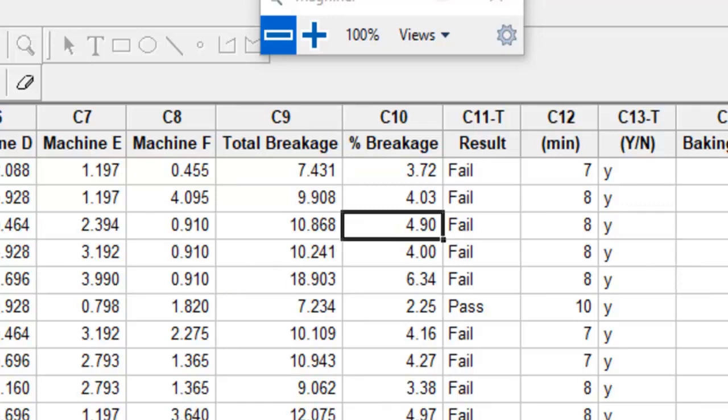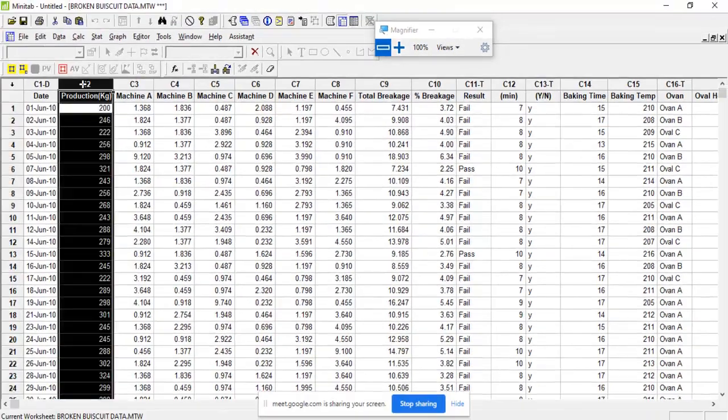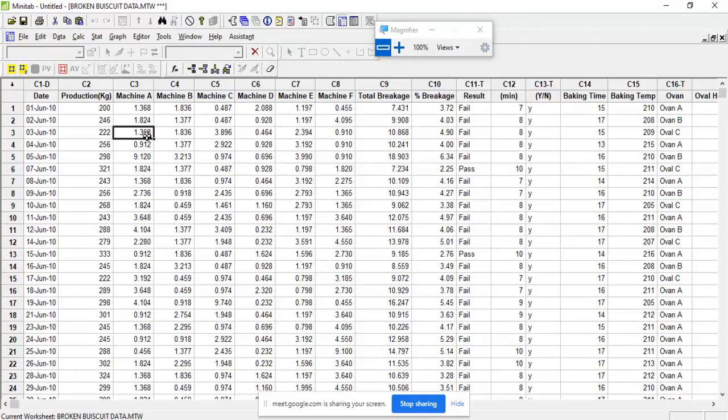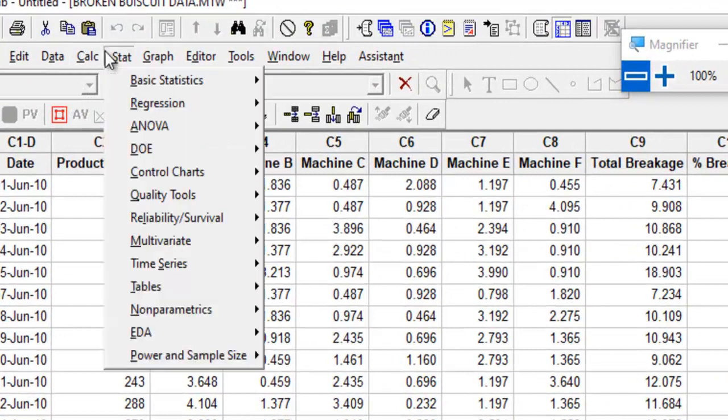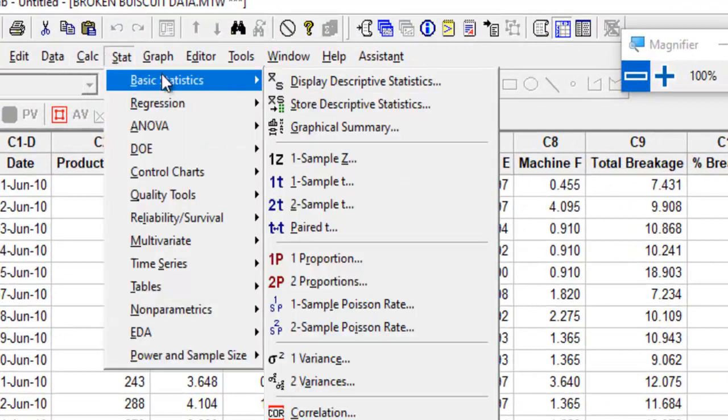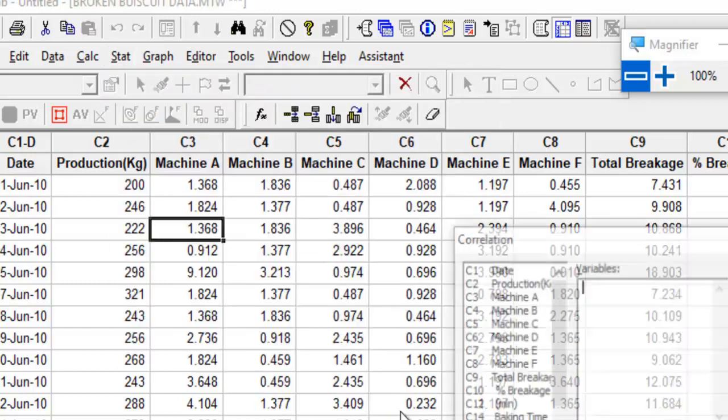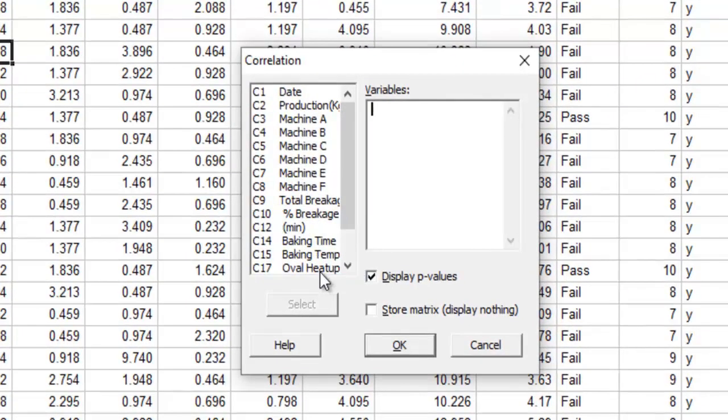And if I wanted to find out whether the quantity of production is a contributor to my project Y, I could look at doing the correlation test. I could go to Stats, Basic Statistics, fourth from the last, Correlation. And I select the Y and the X.